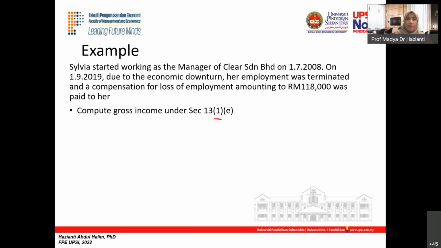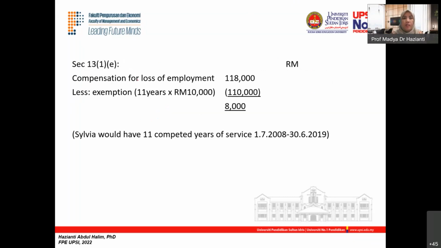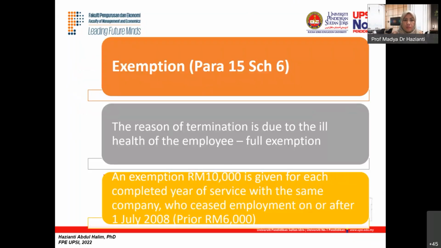Right, so for this one, nampak dia kerja 2008. Dia kena buang kerja 2019. And dia dapat duit 118,000. So we have to compute the gross income under section 13(1)(e). So this is how we should do it. Right, dia dapat 118,000. Remember, exemption kat sini this part 10,000 each completed year of service.